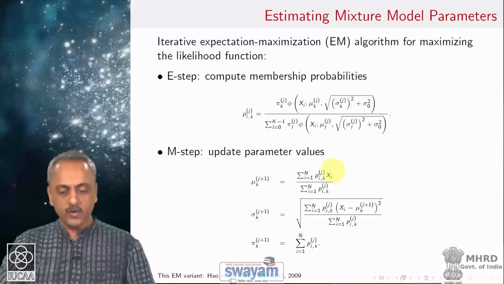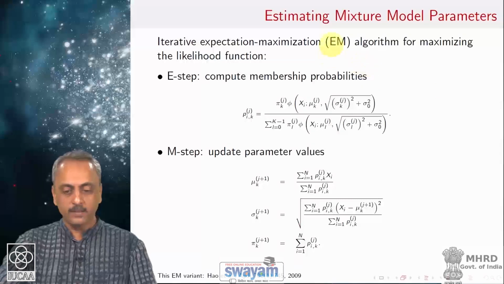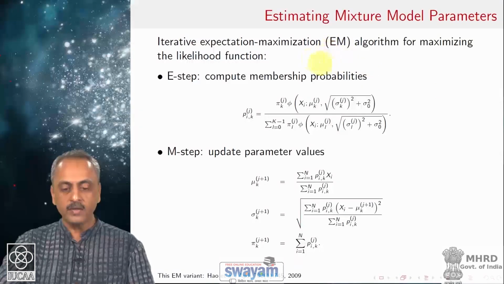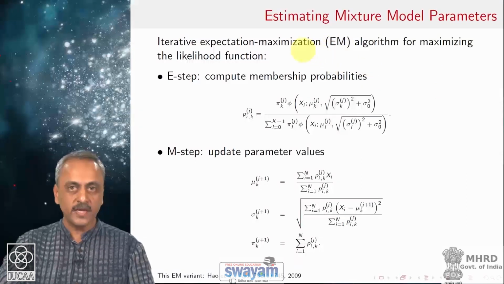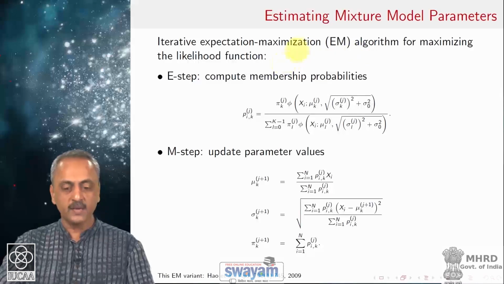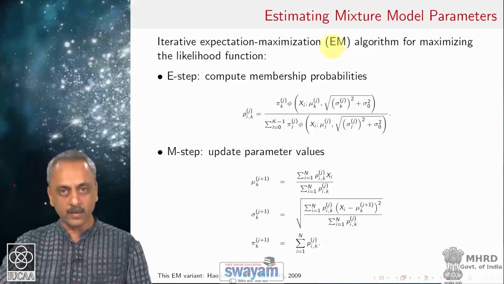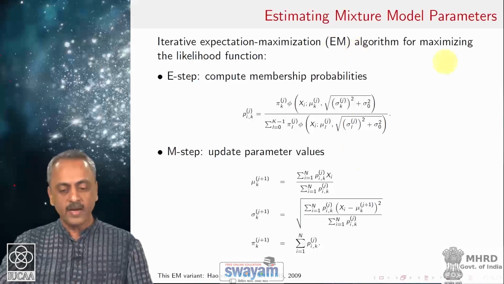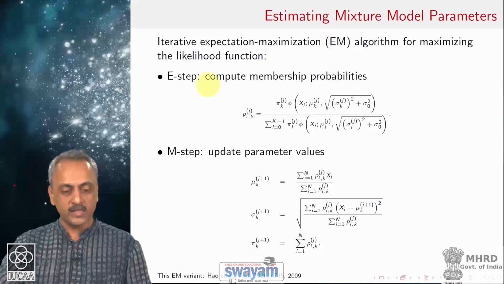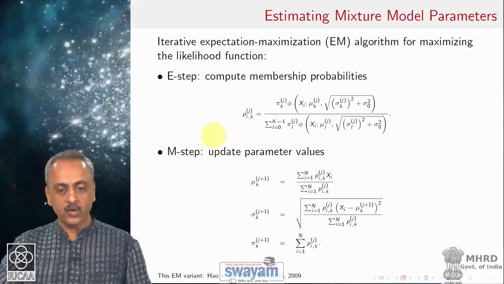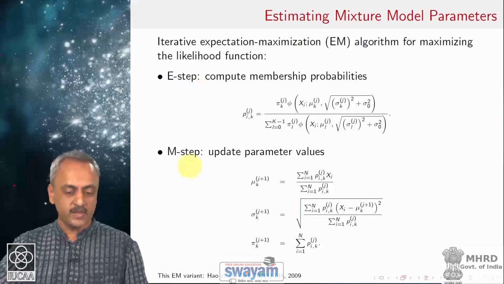In the context of Gaussian mixtures, there is a celebrated algorithm called the expectation maximization or EM algorithm. This maximizes the likelihood function in a numerical way. It is an iterative algorithm consisting of 2 steps, and the algorithm keeps on alternating between the E step and the M step.